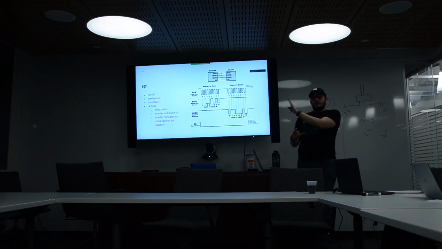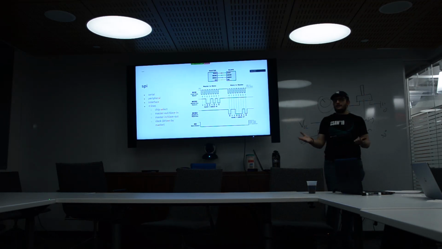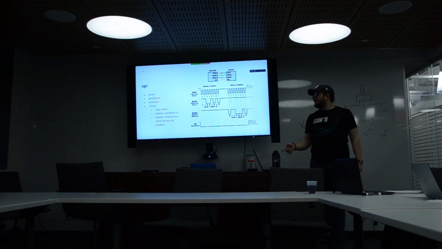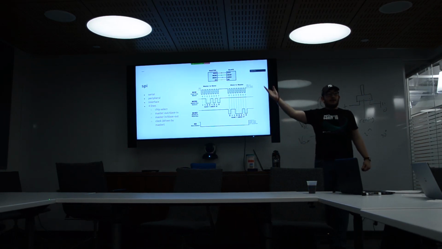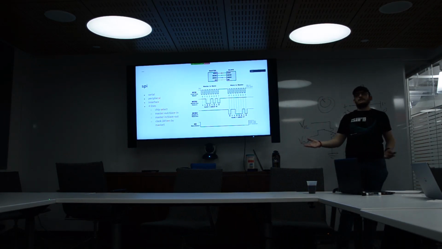I'm saying I want to know if there's movement, which is an instruction that the device can understand. So I send it 0x6F or whatever, and then it has another 8 clock cycles that it can send back a response. And then I put the line back high and wait until it's time to do that again.